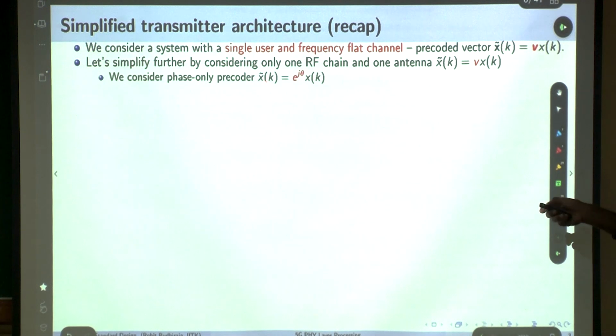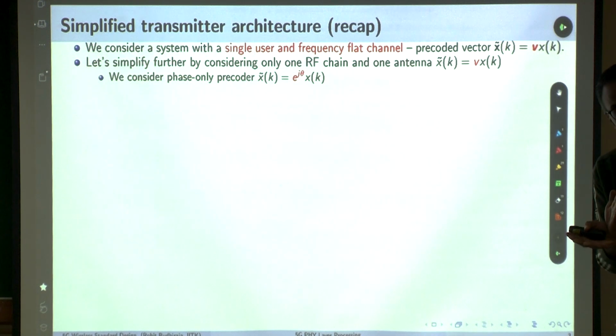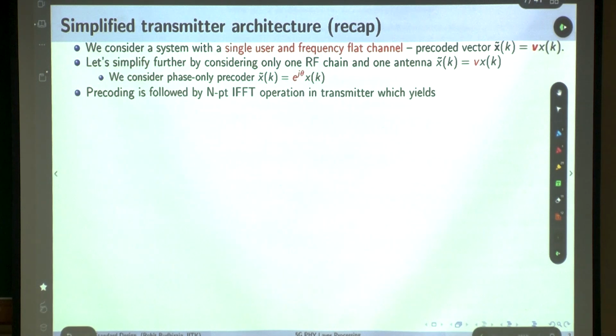To begin with, and this is what we will consider, V we are writing as some constant phase precoder, a phase only precoder. This is the kind of system we considered for codebook kind of beamforming, wherein you saw that we were feeding only the channel phase information, not the amplitude information.